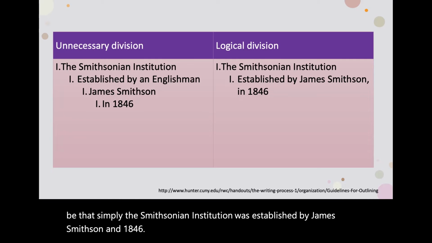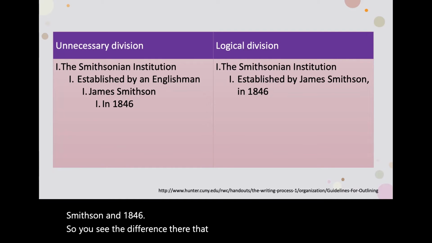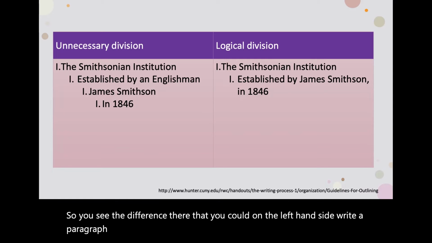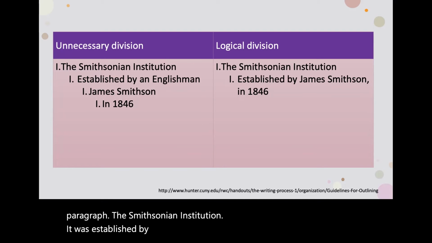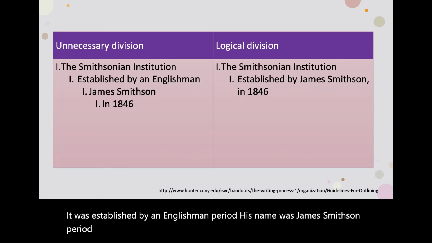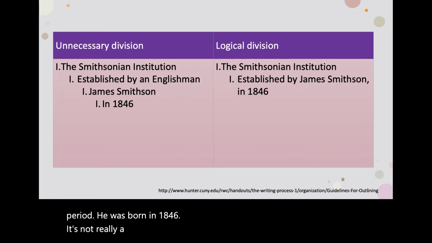So you see the difference there. On the left-hand side, you could write a paragraph: the Smithsonian Institution, period. It was established by an Englishman, period. His name was James Smithson, period. He was born in 1846. It's not really logical, informative thinking.